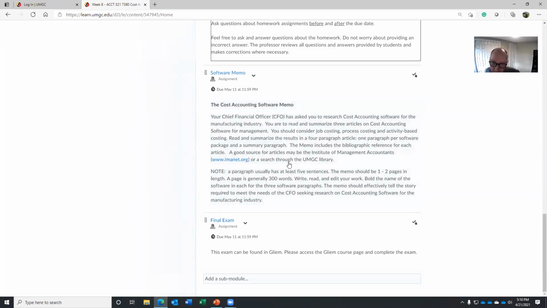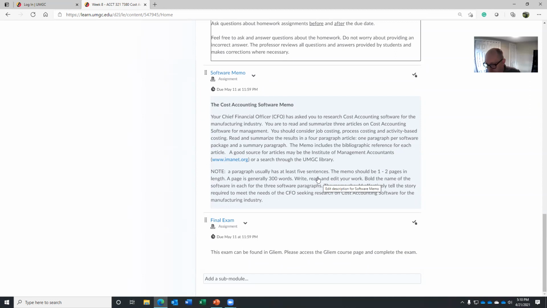So the idea is you want to find a piece of software like Fishbowl, or another piece of software, that includes cost of goods manufactured. That would be direct materials, direct labor, and factory overhead, line items for those respective costs that account toward cost of goods manufactured.